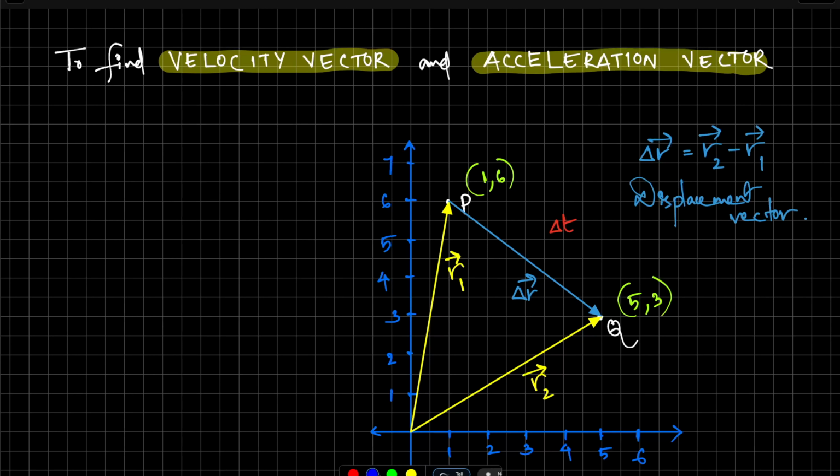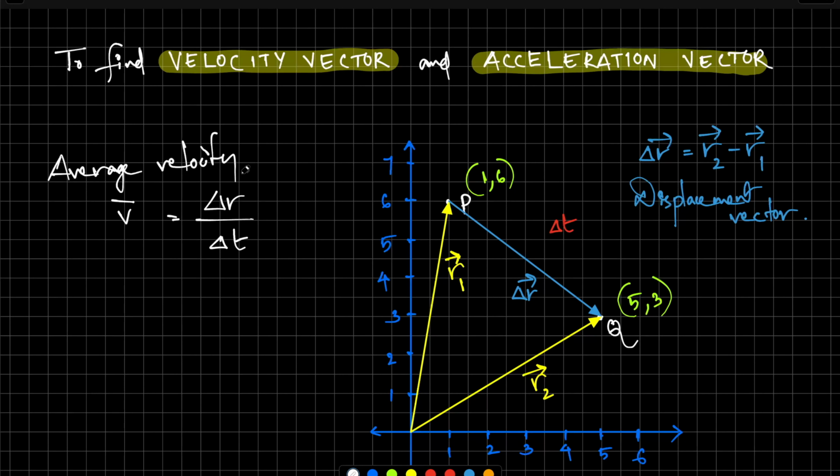Now, if you divide displacement vector, delta R, by delta t, the time taken to reach point Q from point P, you'll get velocity vector V. It's average velocity, delta R by delta t, average velocity.